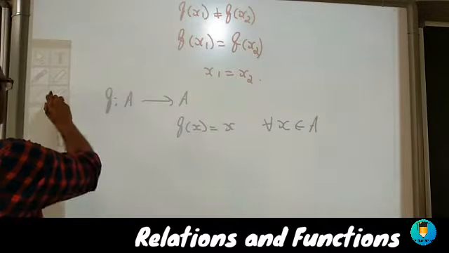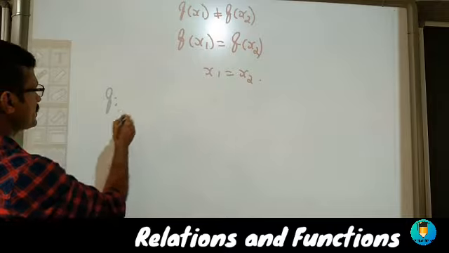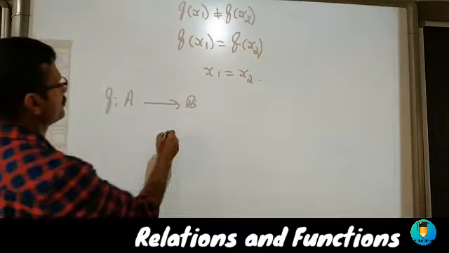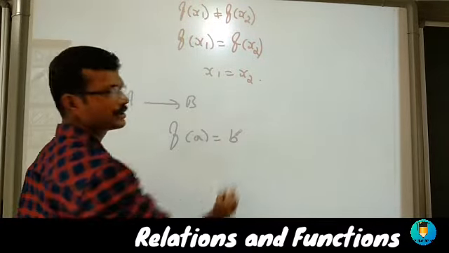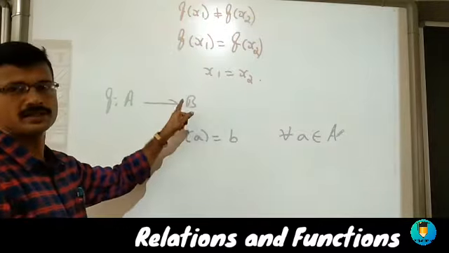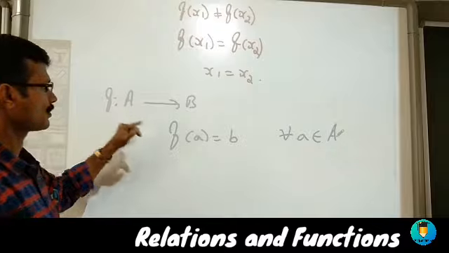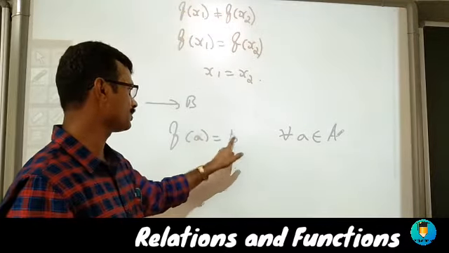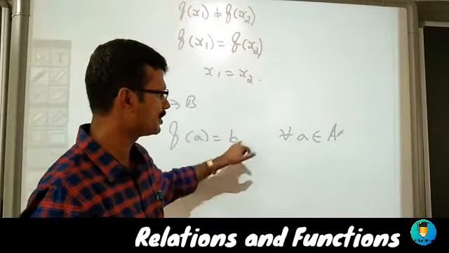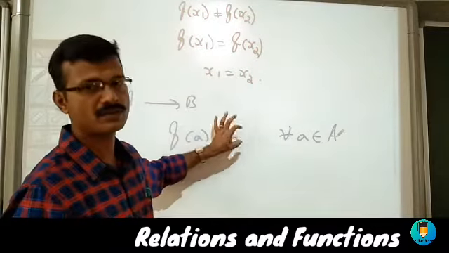A function f from A to B is said to be a constant function if f of a is equal to b for all a belongs to A, and small b is a constant in B. Its corresponding image will always be a constant.